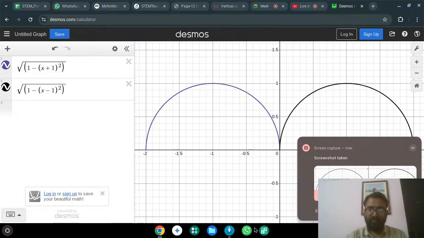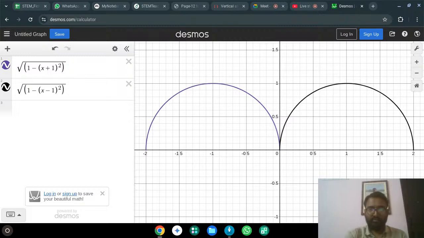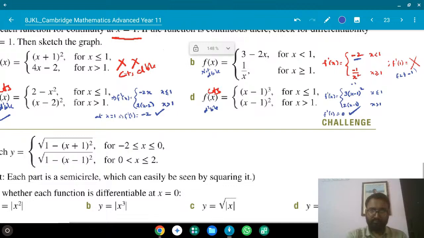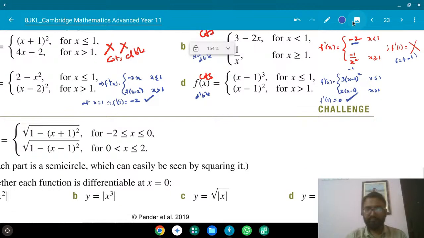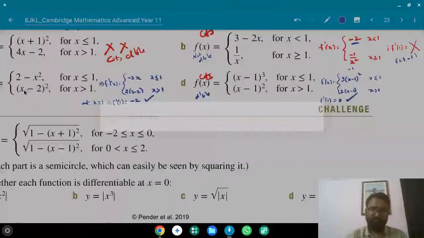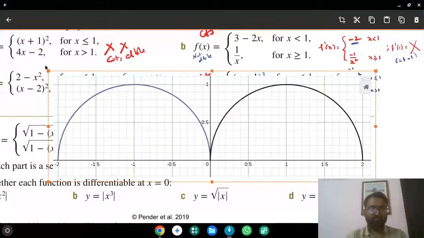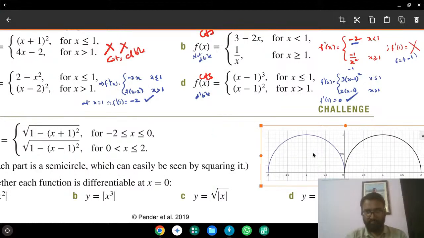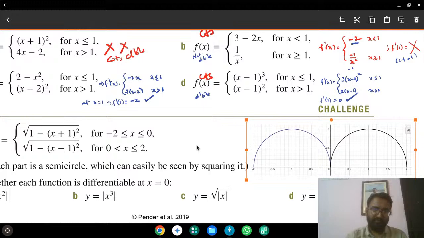So I'm taking this graph and coming back to here. So this is the graph of the required function.